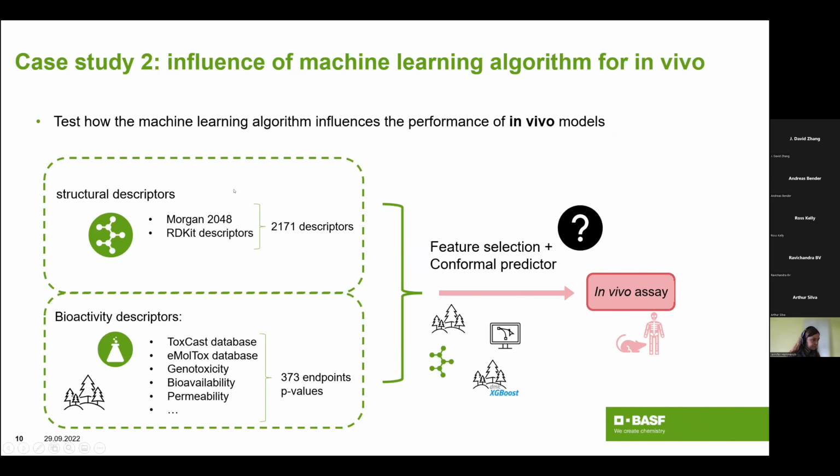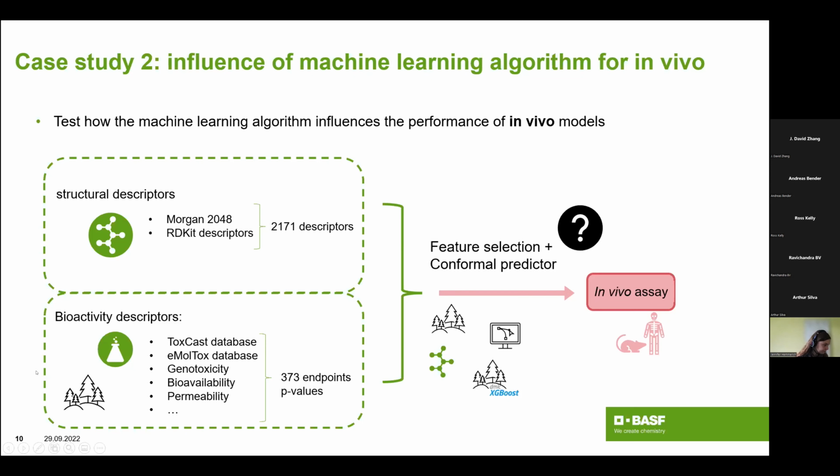So what we kept is the structural descriptors and the bioactivity descriptors trained on the random forest, but then we changed the ultimate model where we input those features into different algorithms. We used a random forest, a support vector machine, and we wanted to see whether XGBoost has a performance boost over the normal random forest. And then we used a graph-based neural network called ChemProp, which was developed at MIT.